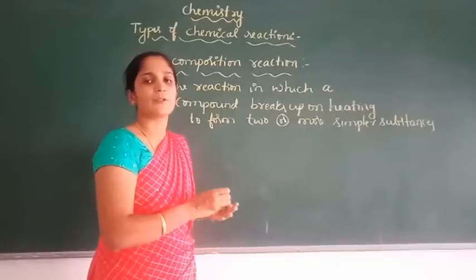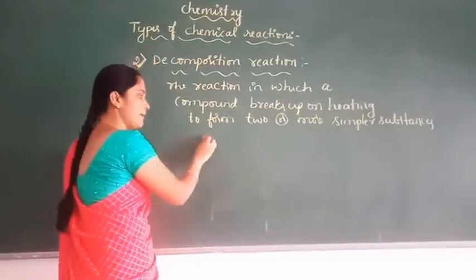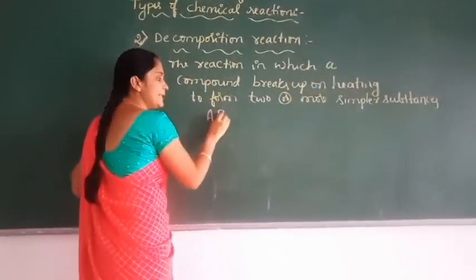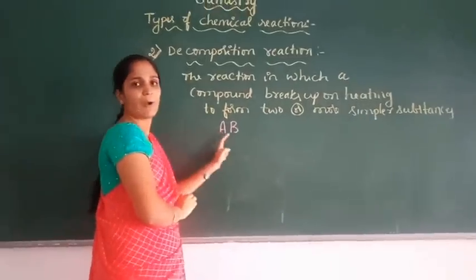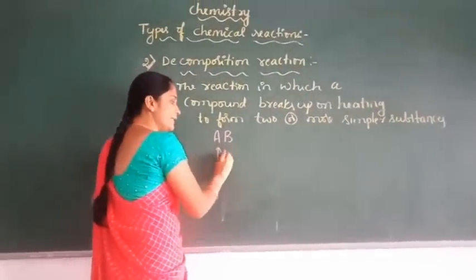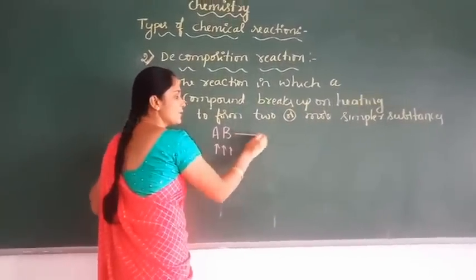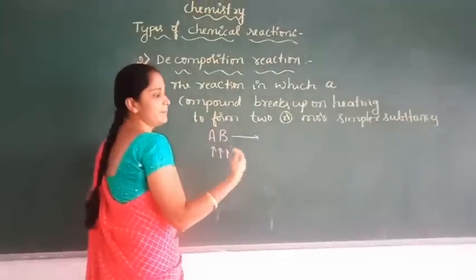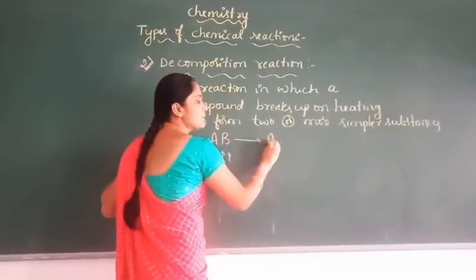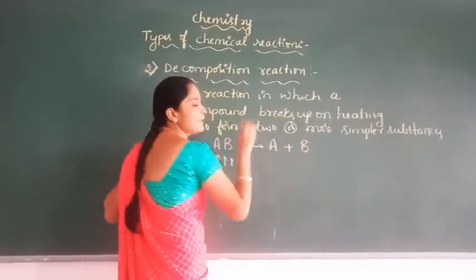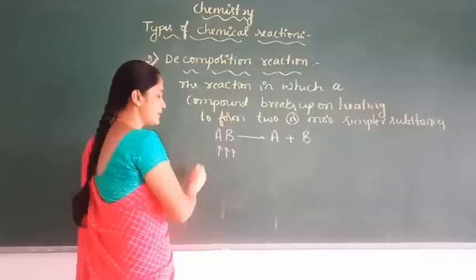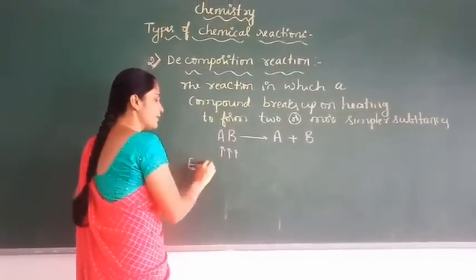For example, here AB is a compound, which on heating breaks up to give two or more simpler substances. For example, water.